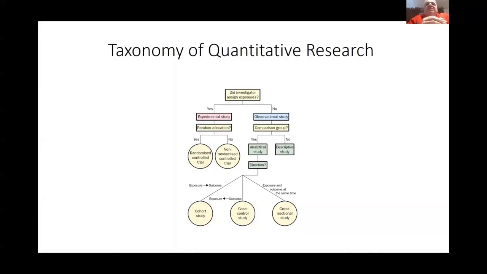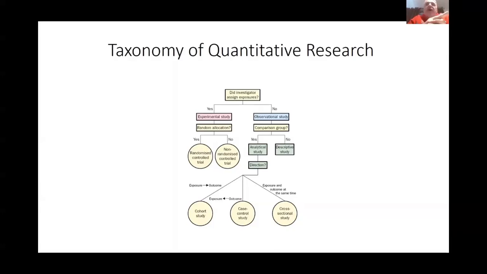Let's take me as the investigator. Am I assigning exposure? Am I assigning participants in the study to the exposure, yes or no? If no, this is completely an observational study.